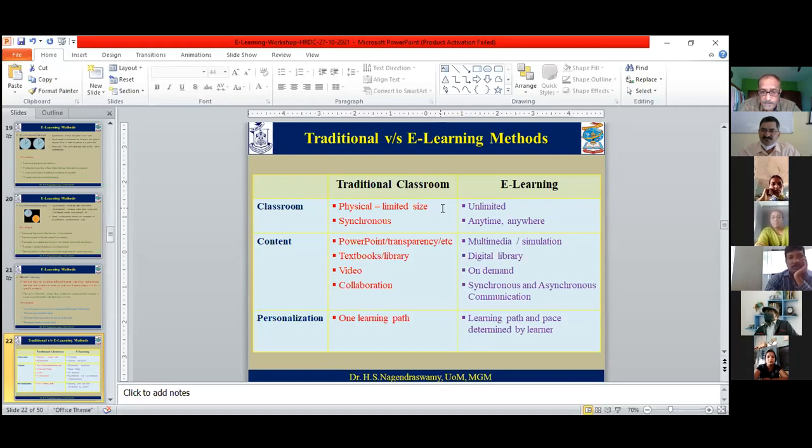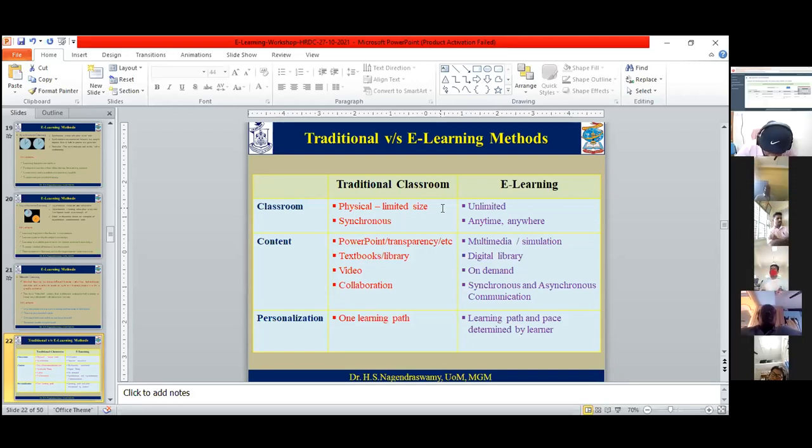That's what synchronous is. But when it comes to an e-learning platform or environment, the physical size is not at all a concern. It's unlimited. Any number of participants can join, right? With Google Meet, we can go up to 1,000 participants. So 1,000 participants sitting at their home or office with their laptop or a smart device can listen to a lecture.